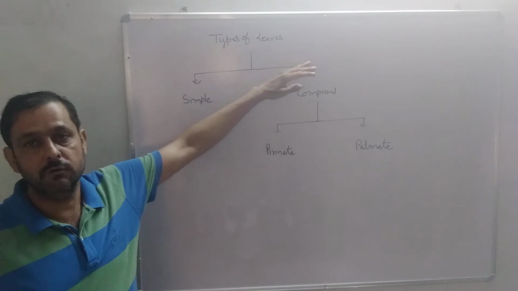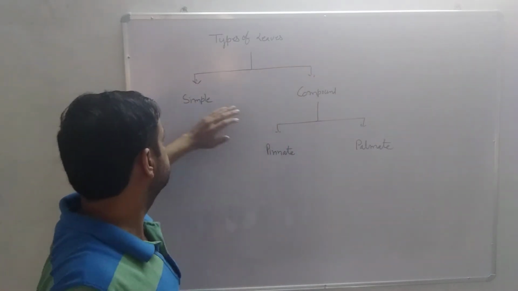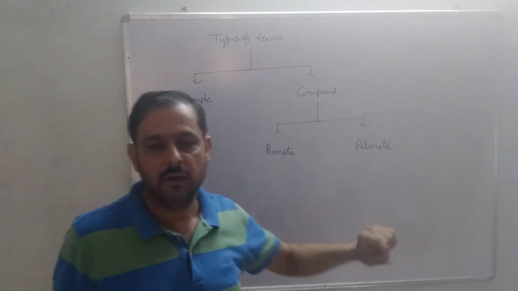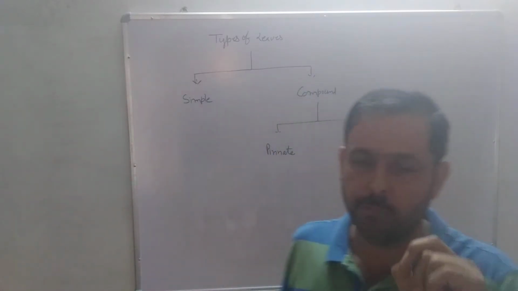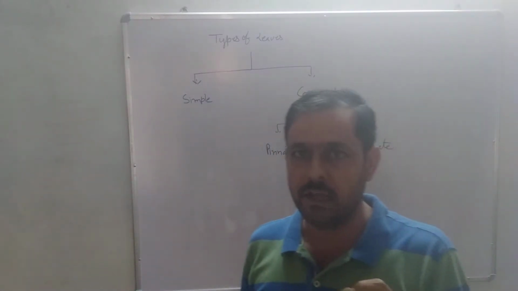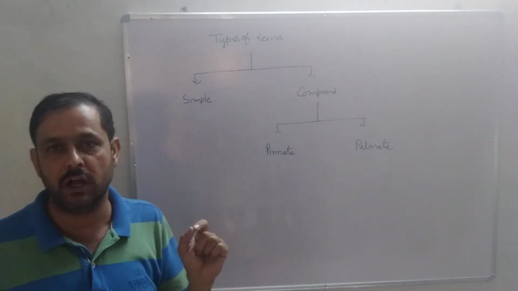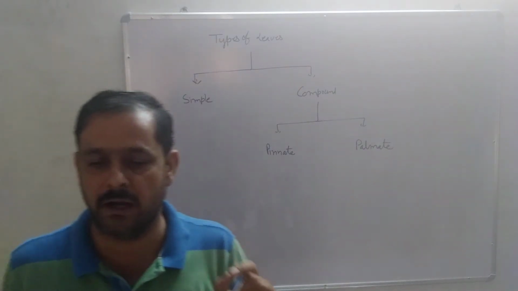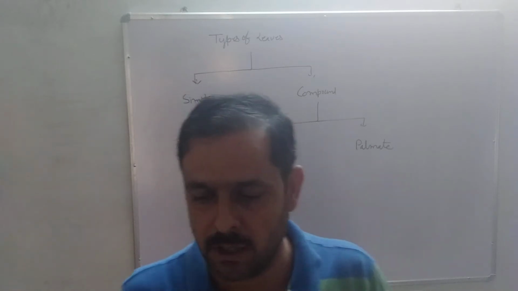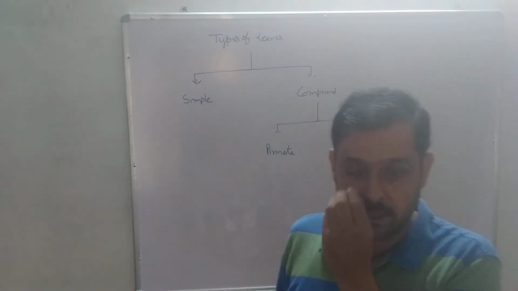Now next topic is types of leaves. There are two types of leaves, simple and compound. A leaf is said to be simple when the blade of the leaf is undivided, although it may be deeply indented.